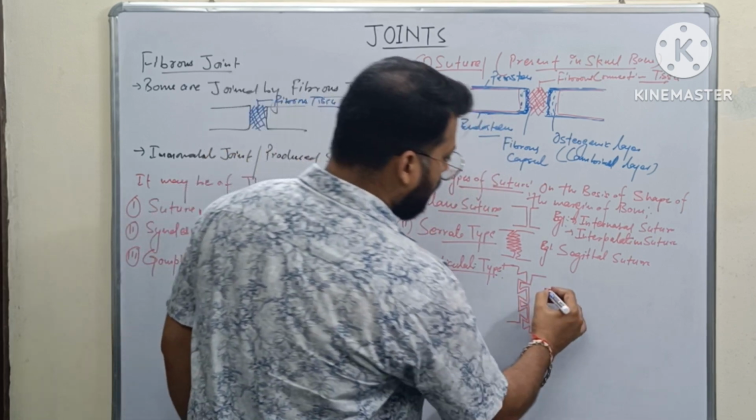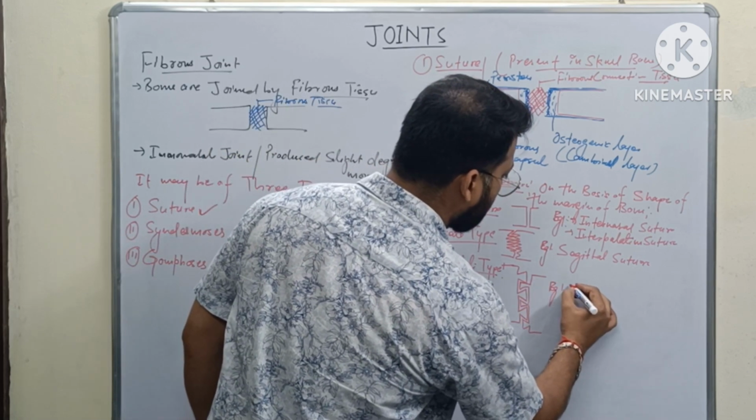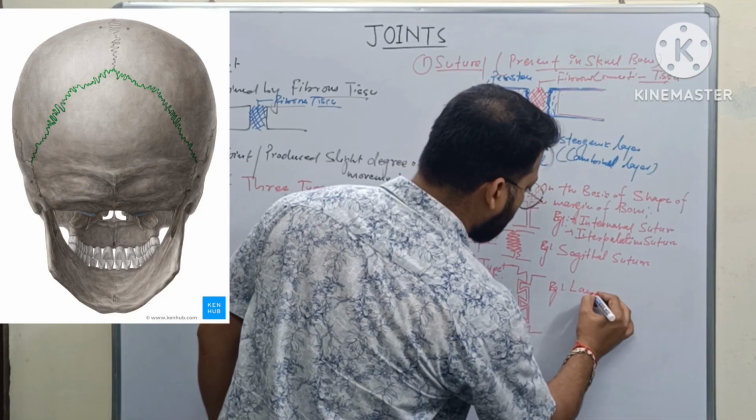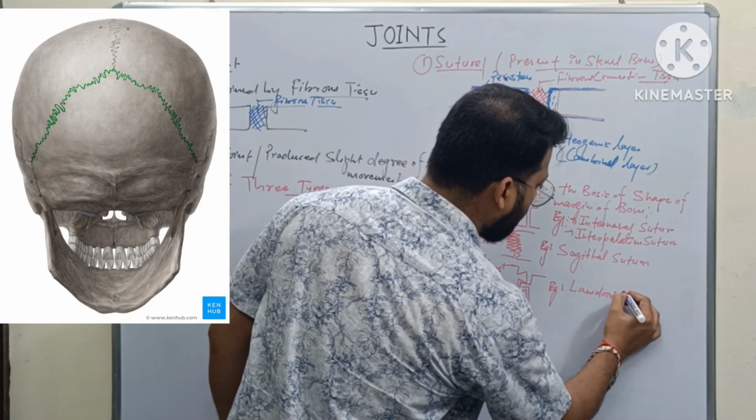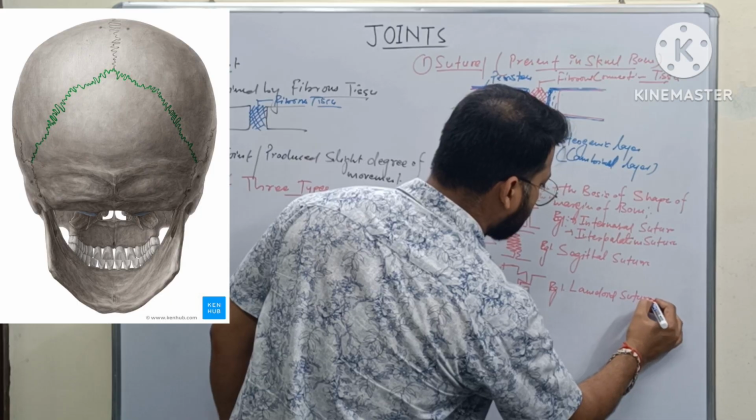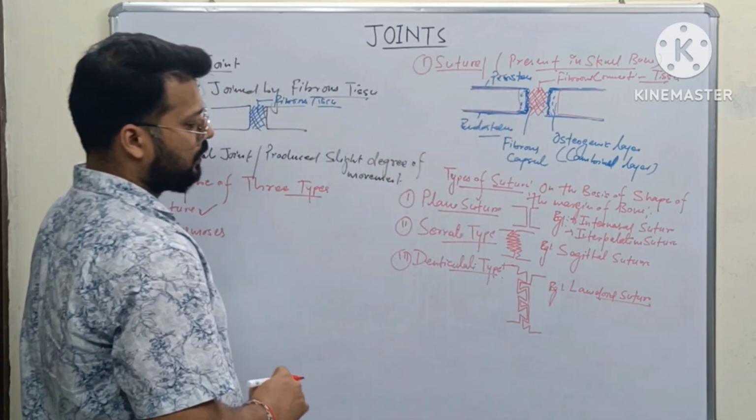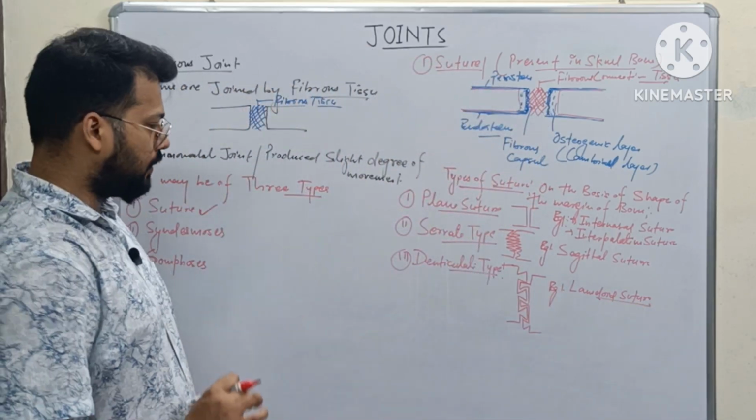Okay. And the example of denticulate suture is lambdoid suture. Okay. If the margin is tooth-like.